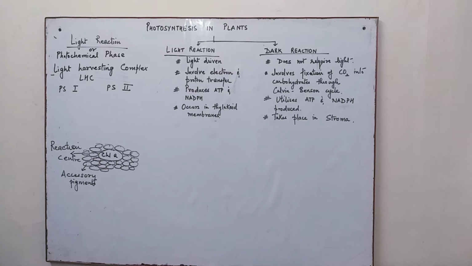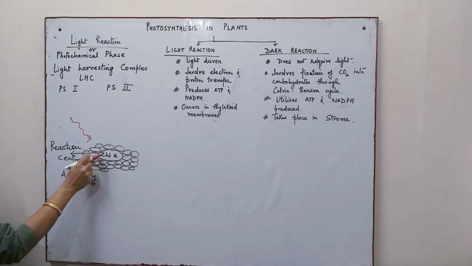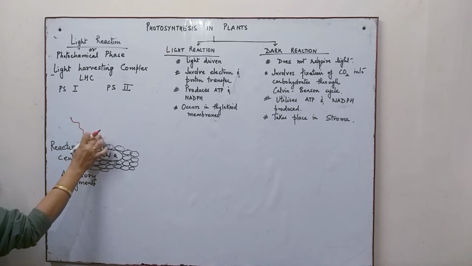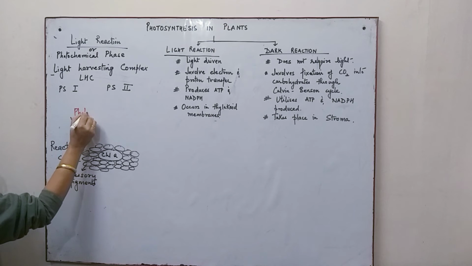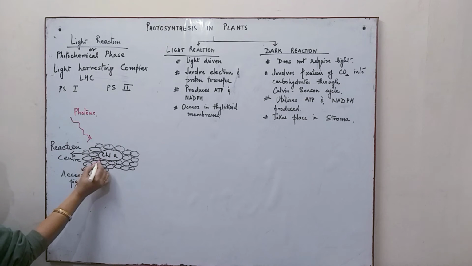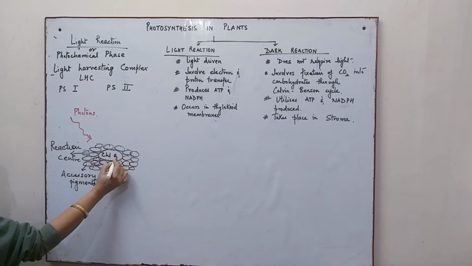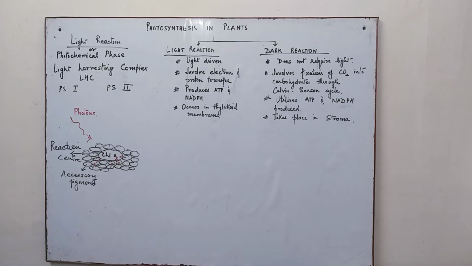Now, what happens is, when these are exposed to light energy in terms of photons, this light energy is absorbed by the accessory pigments, and it is then passed on to chlorophyll A. As a result, chlorophyll A becomes excited and it releases two electrons.